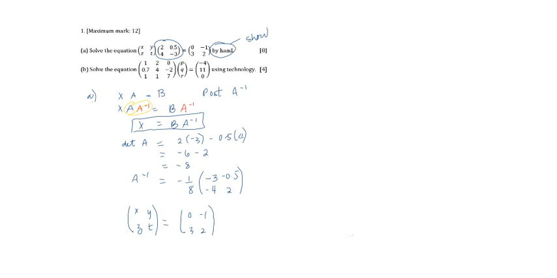And then we multiply this by our A inverse, which is this: negative 3, negative 0.5, negative 4, 2. Since this is a scalar, this is not a matrix. It's a scale, it's a factor.